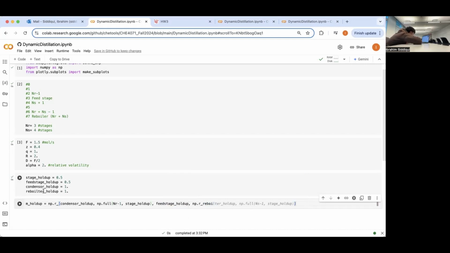Let me go fix this, I messed that up. I feel like I've messed something up. It's not doing that. We have np.r, we're looking at our reboiler, ending off with our reboiler holdup.